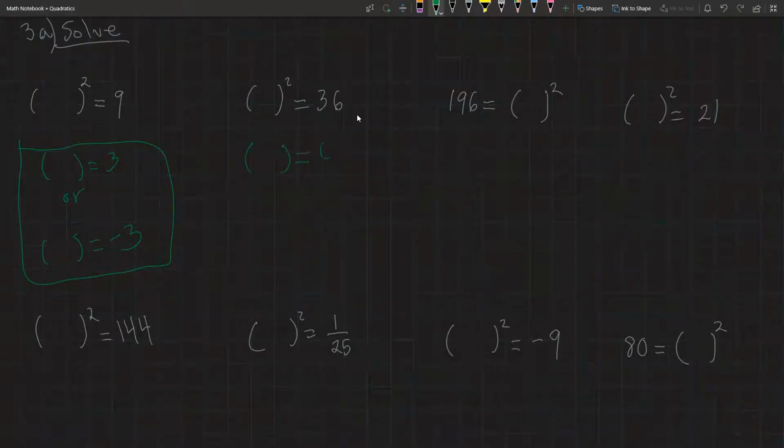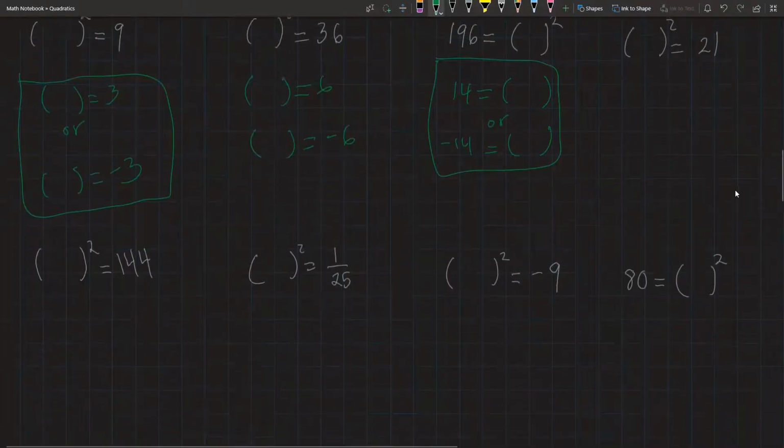Something was either a 6, and the other possibility for that something is a negative 6. 196, is that a perfect square integer or not? And it turns out it is. So there are 2 possible numbers we can square to get a 196. One of them is a 14. That's the first something. And the second something is a negative version of that.